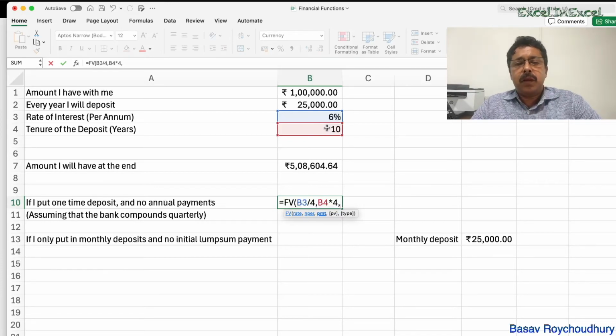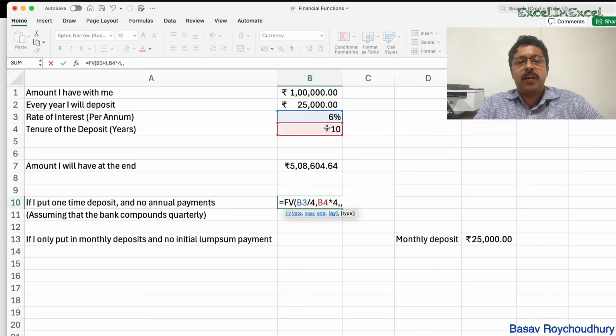PMT, there is no periodic payment. We are not giving any periodic payment. That means I'm not paying that 25,000 per annum. So there is no PMT, so I'll leave it blank. Now to leave it blank, if I type in something, Excel will think that I'm giving the PMT value. But I want to give the PV value, that is what I'm depositing to the bank today, and I don't want to give a PMT value. So how do I make Excel understand that? An extra comma.